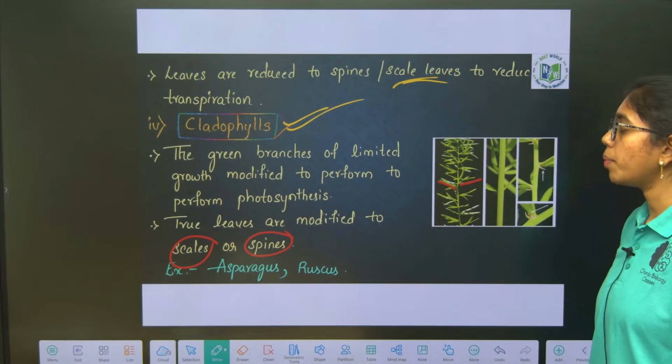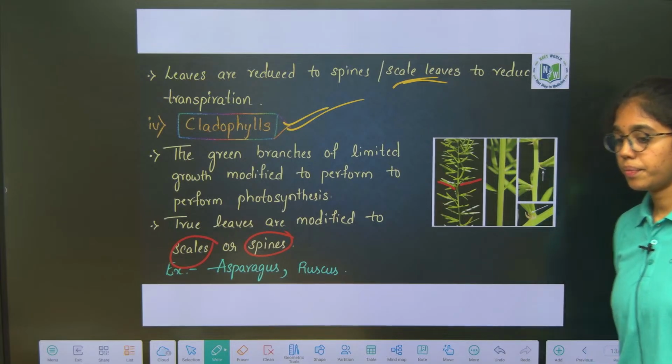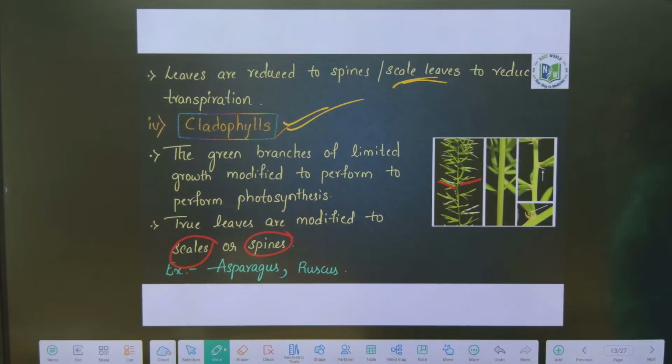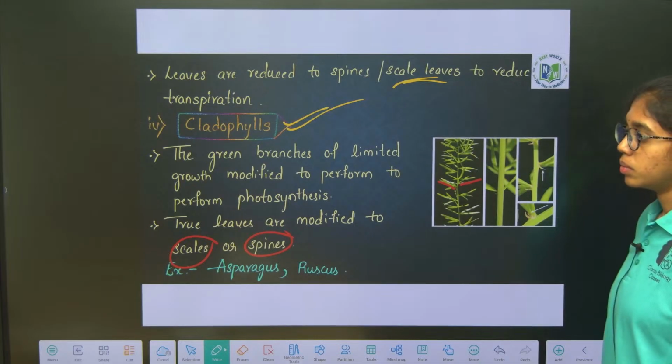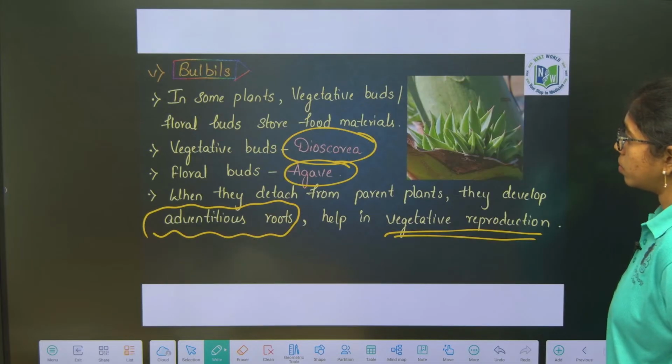If you are not getting anywhere, just drop a message. Done with cladophylls? Bulbils.